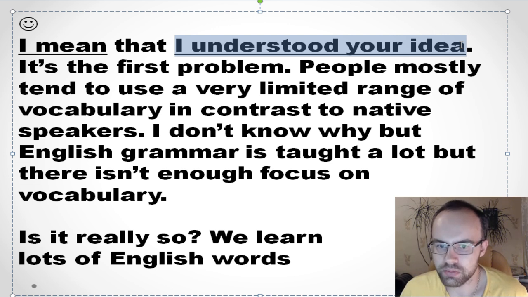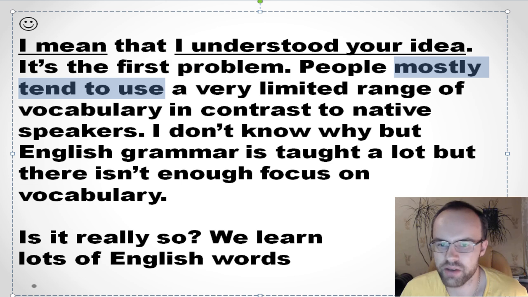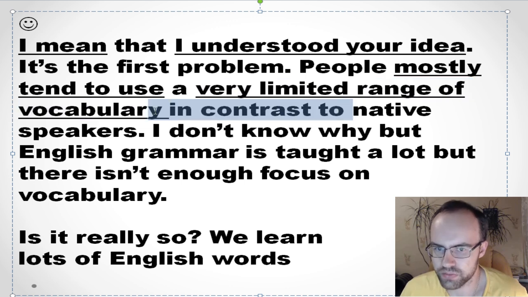It's the first problem. People mostly tend to use, or people mostly use, so have this tendency. People mostly tend to use a very limited range of vocabulary. A very limited range of vocabulary means that they use only popular words, not very difficult words, not very difficult phrases, in contrast to native speakers.